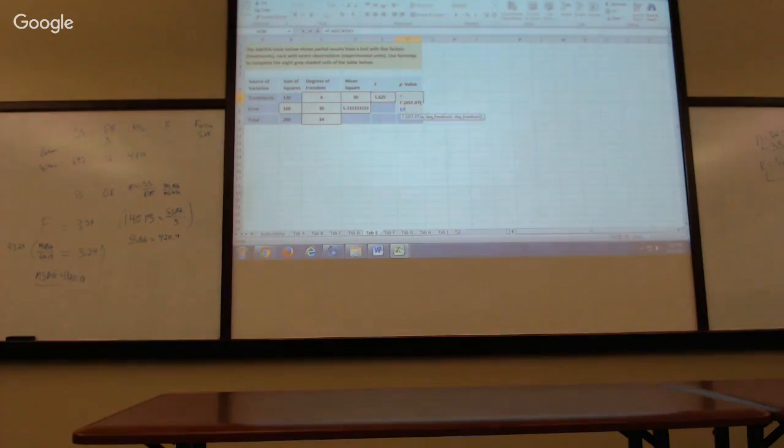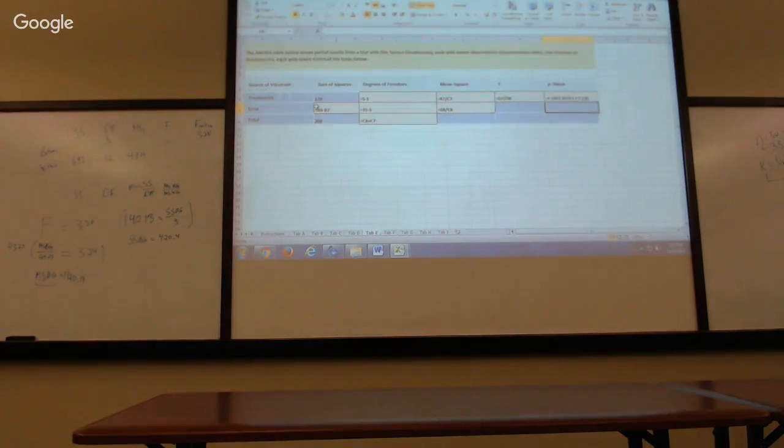And our p-value is going to be equal to F.DIST.RT. Our F value is going to be our X, and then degrees of freedom 1, degrees of freedom 2. So the p-value is there: F.DIST.RT, the right tail.